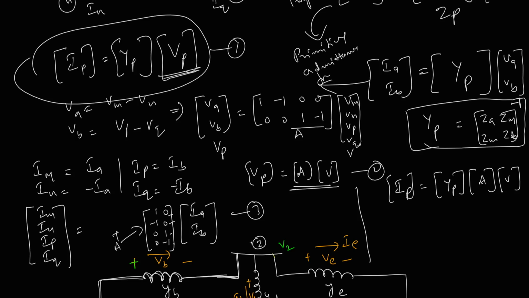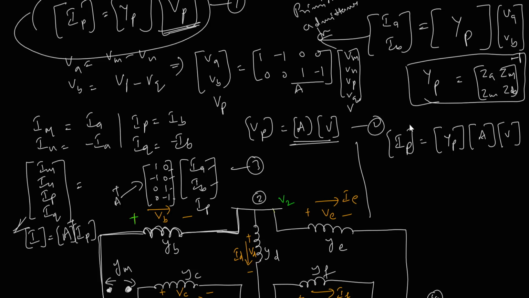IA IB, they are I primitive. This is A transpose. Now this equation says the nodal vector I is equal to A transpose I primitive.